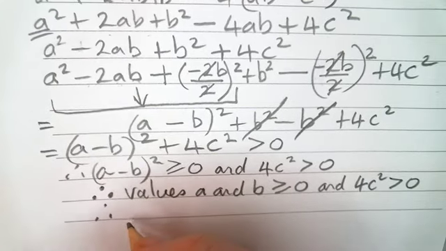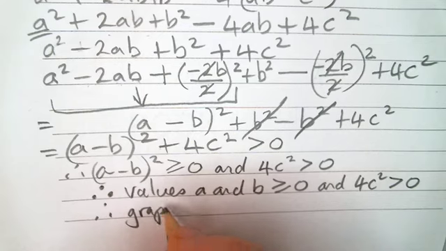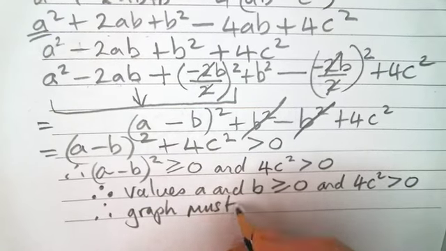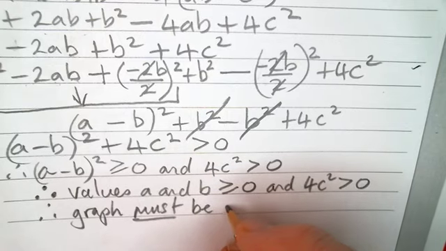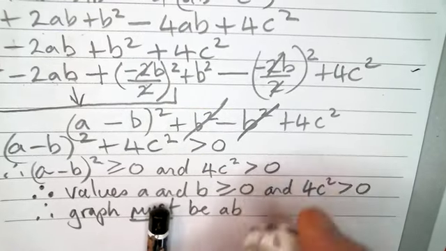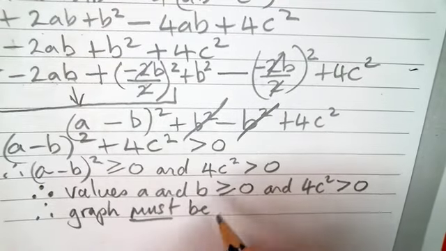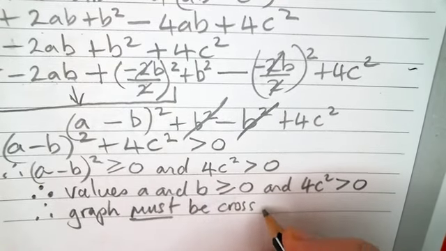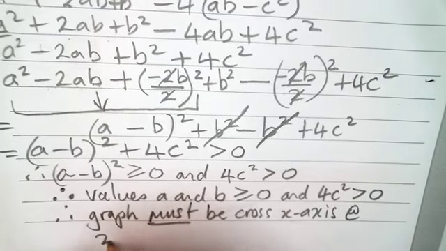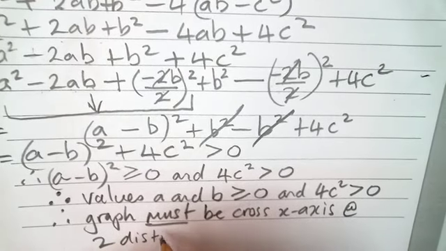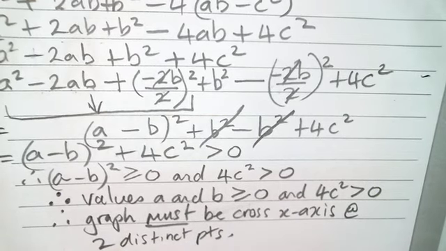Therefore, graph must be above, not above, must, let's say, cross x-axis at 2 distinct points. And I think that's what we need to say, yeah?